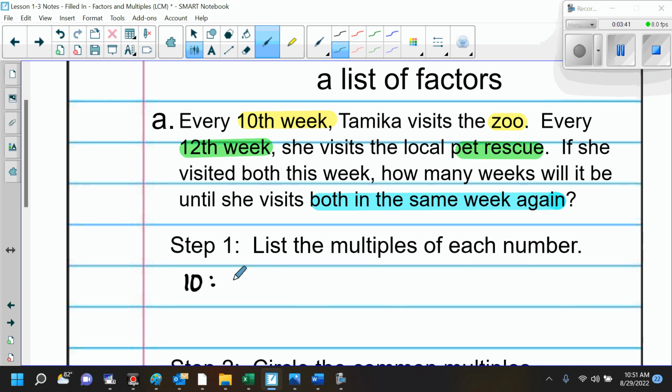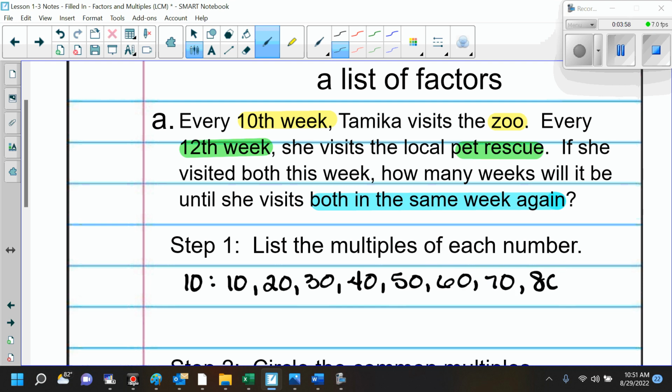So we're starting with 10, then 20, and 30, 40, 50, 60, 70. It goes on forever, doesn't it? So we're going to have to stop somewhere. So I'll just stop here. I'll put dots. Okay? So this is like 10 all the way to 10 times 8, right?